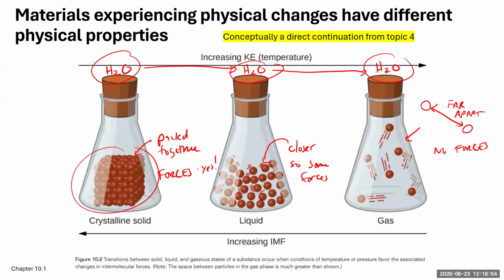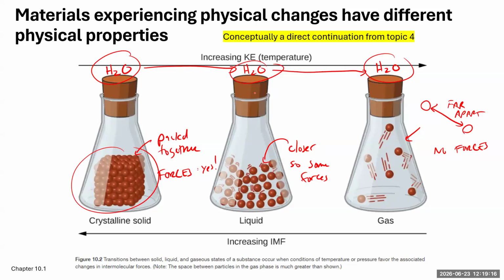When they're liquid, they're kind of moving around a bit. And what's happening is that those forces are forming and breaking, forming and breaking. Whereas with the gas particles on the far right, those forces only occur when those particles touch, right? It happens, but not as frequently as in a liquid, or definitely not as frequently as in a solid.